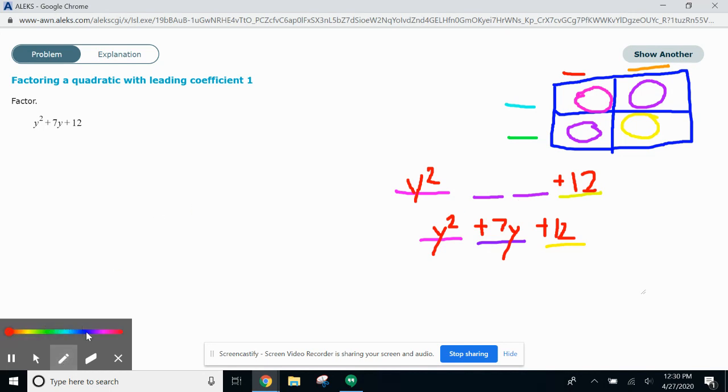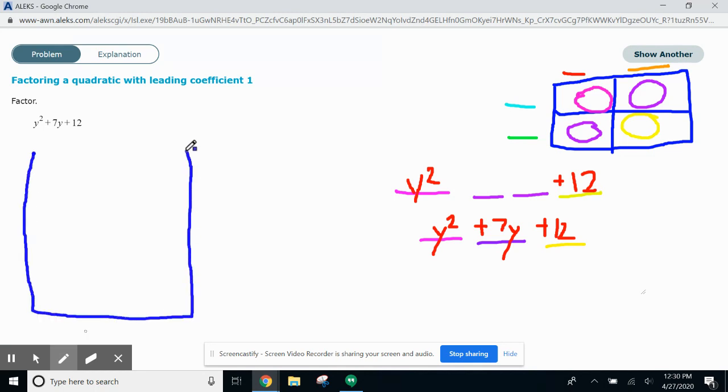There's a way to do this, and one way is to make a table. With our table, we need to find out what two numbers will add to 7, but at the same time also multiply to 12.